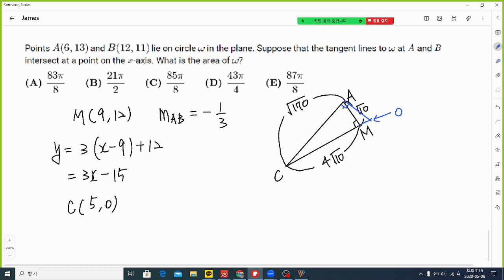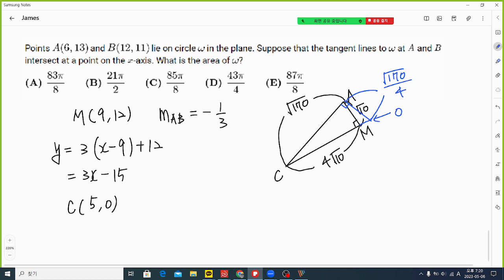And because the triangle AMC is similar to triangle CAO, the ratio between the longer leg and shorter leg is 4 to 1. So if we use the ratio, the length of OA is 1/4 of AC. So the radius is square root of 170 divided by 4.